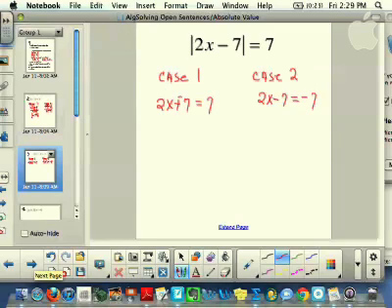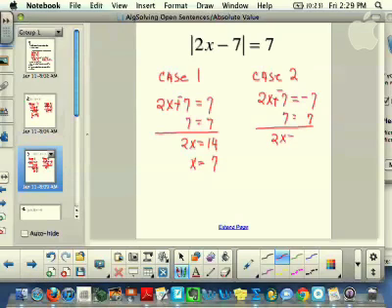Again, you solve each of the equations. Here, if I add 7 to both sides, it becomes 2x equals 0, so x equals 0. And my answers are 0 and 7.